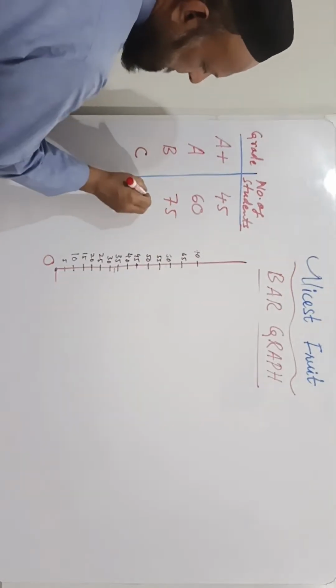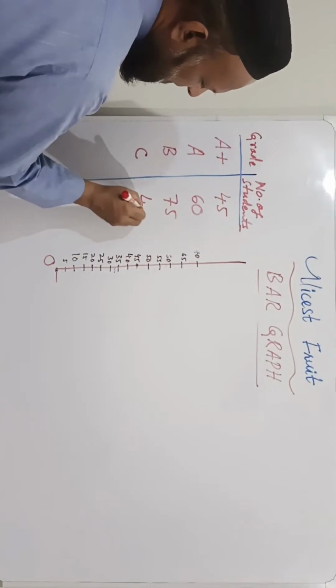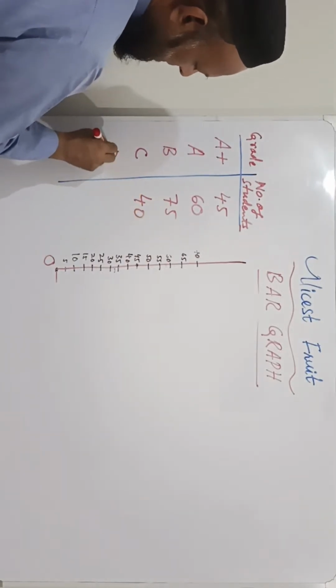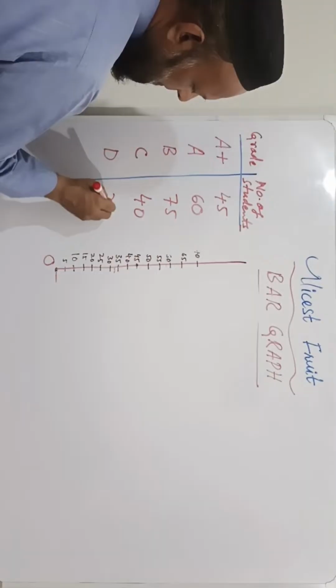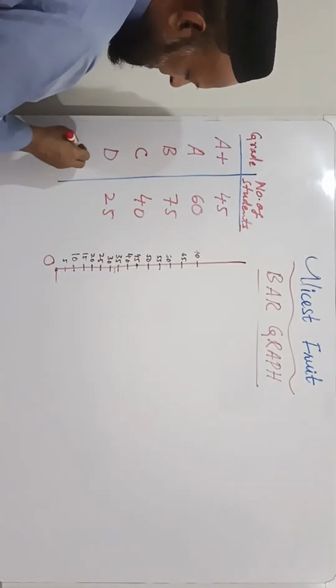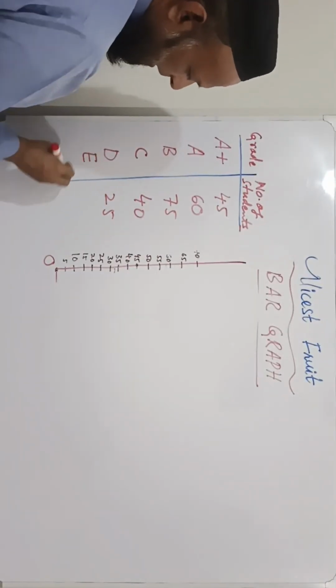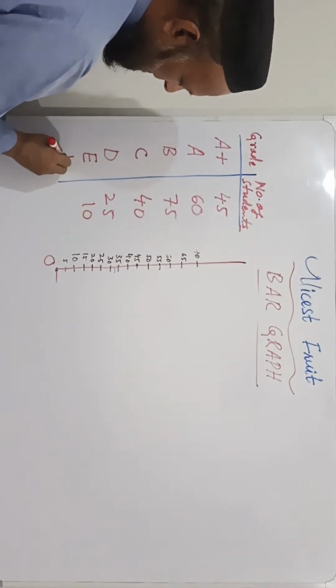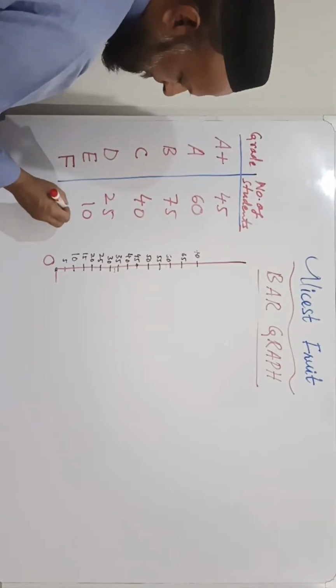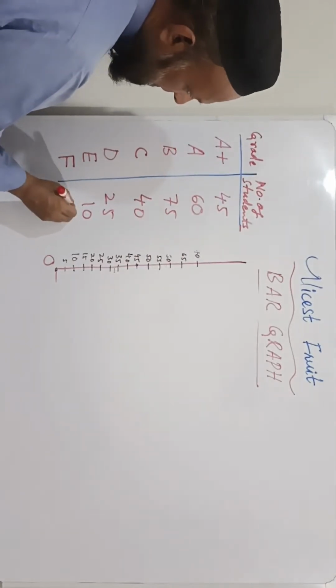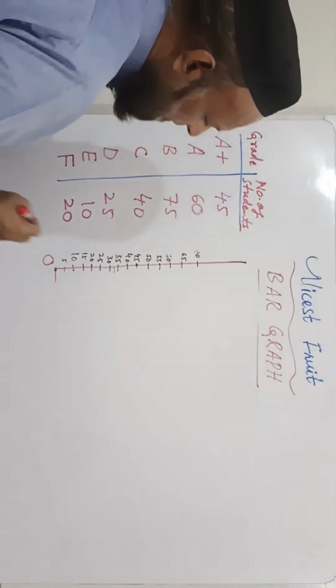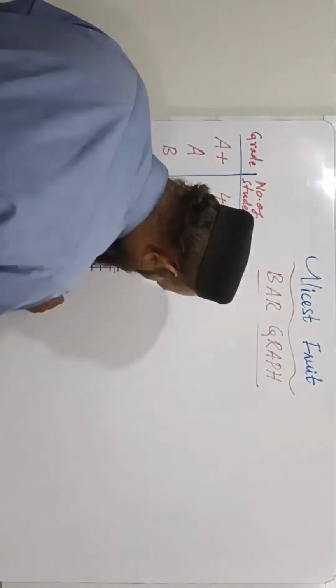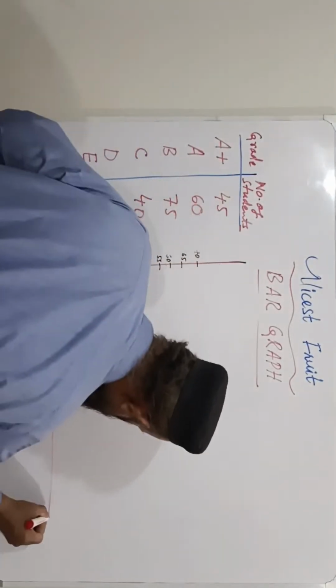C grade, 40. D grade, 25. E grade, 10 and F fail, 20. Okay, we have to make a bar graph for it.